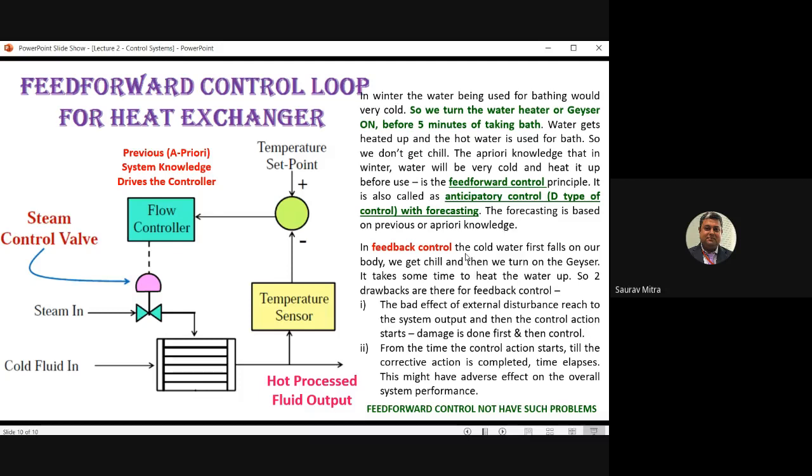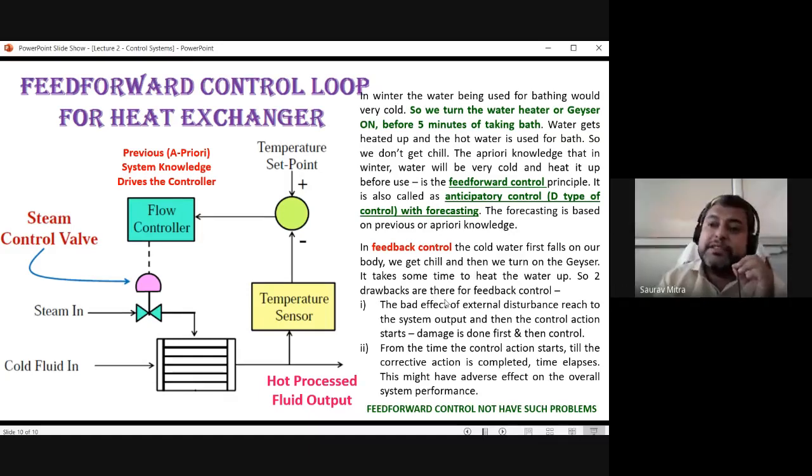What is feedback control? In feedback control, the cold water first falls on our body. The disturbance affects the process, the output is deviated, we get a chill, and then we turn on the heater. And it takes some time for the heater to heat the water. So there are two drawbacks for feedback control. First is the bad effect of the external disturbance reaching the system.